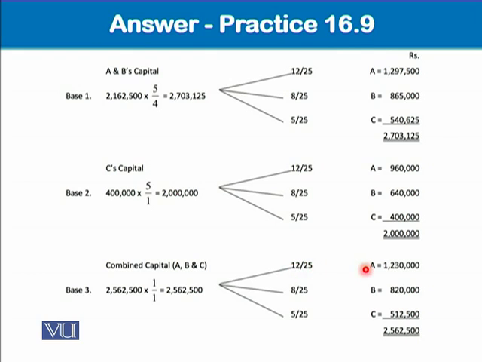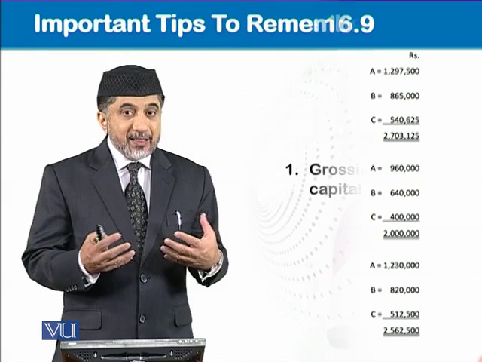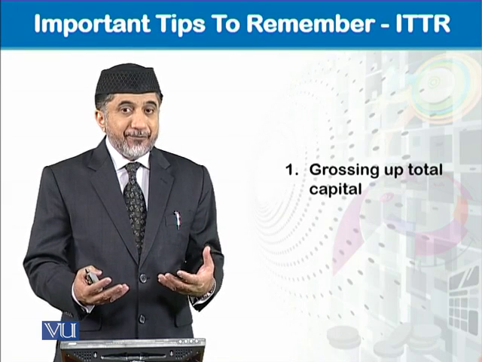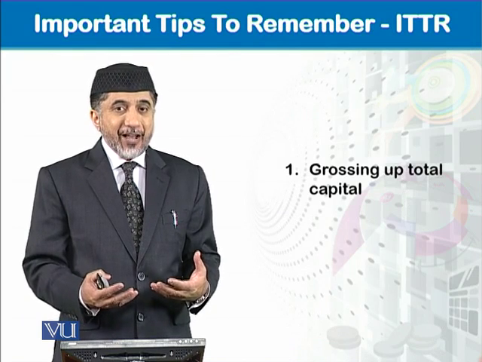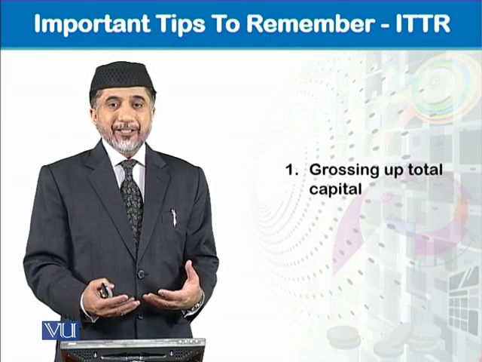What you get is 1.23 million, 0.82 million and 0.5125 million. So the total comes to 2,562,500, which is in fact the total amount of capital. So this is how we work out the readjustment of capital balances of the partnership firm after having a new partner in the firm.